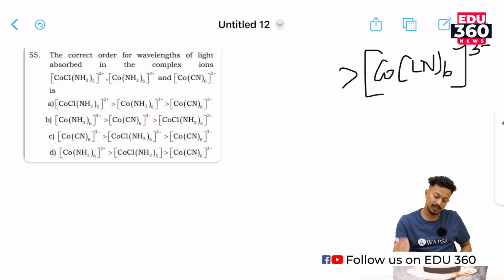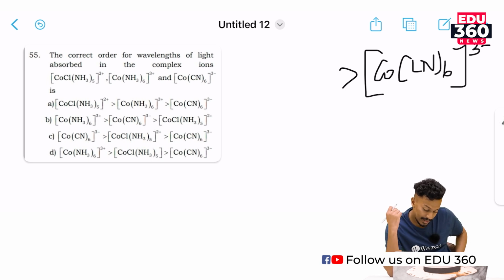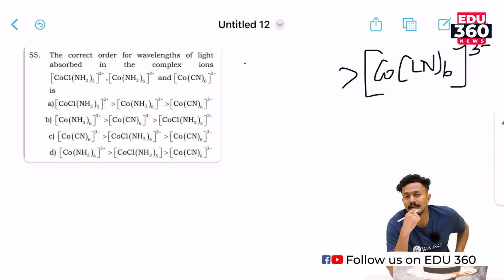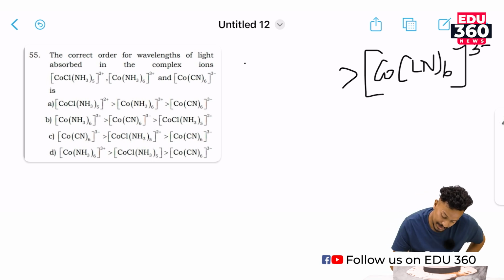What about the second? Chlorine is a little bit stronger than ammonia. Compared to a neutral ligand, chlorine is much higher. So the presence of a chlorine atom in the six coordination of cobalt gives a much stronger ligand.